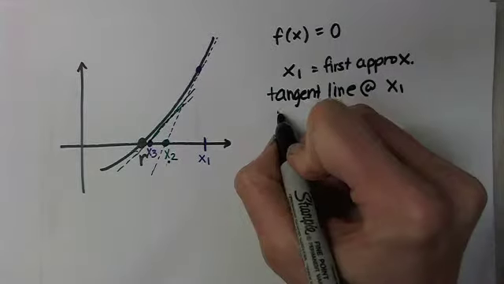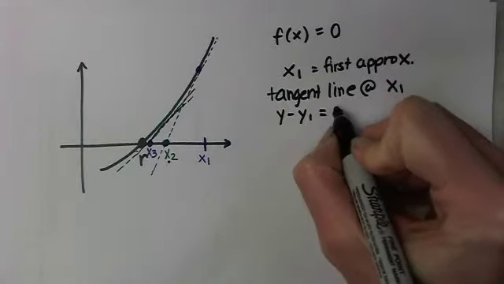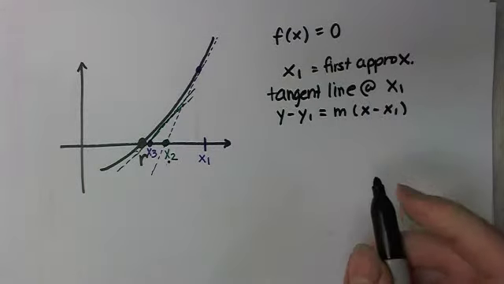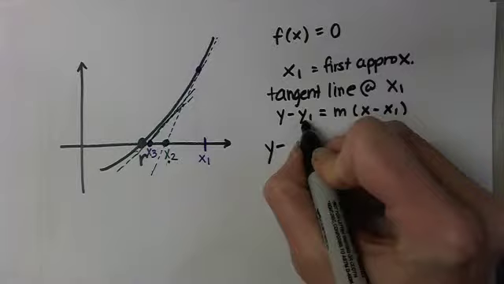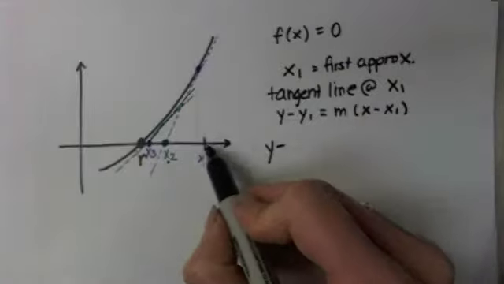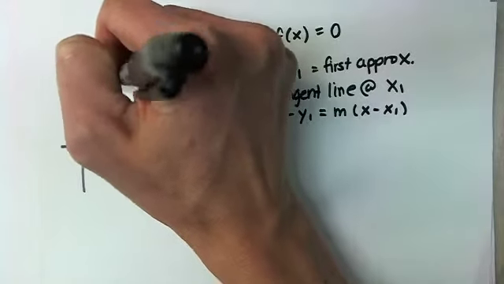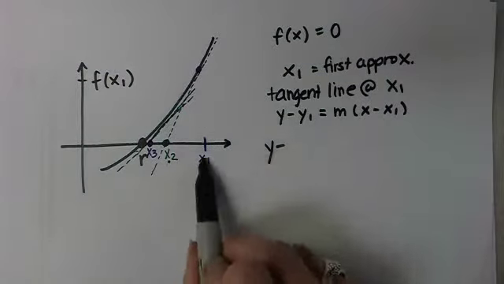The equation of a tangent line is y minus y1 equals the slope times x minus x1. But we know a few things here. We know that y1 is going to be f of x1. To get the y, you just plug in the x.